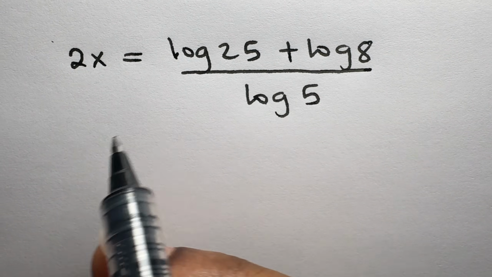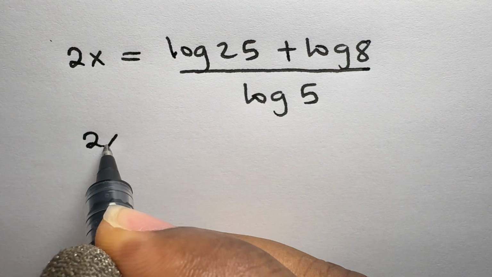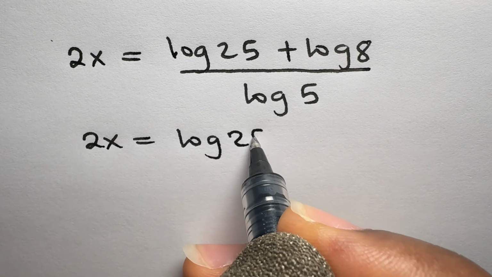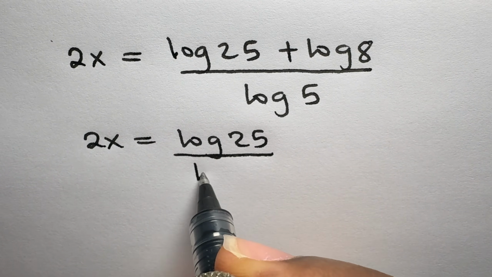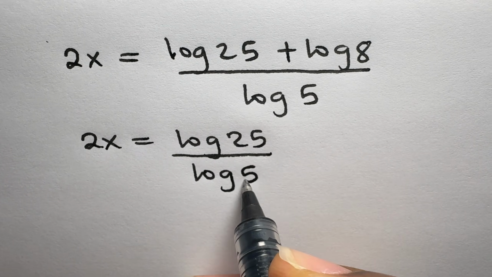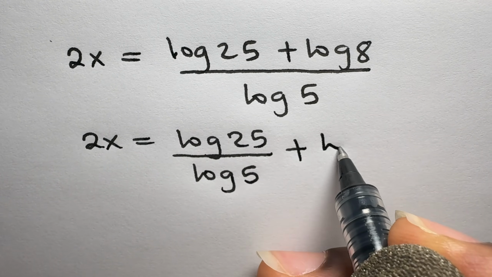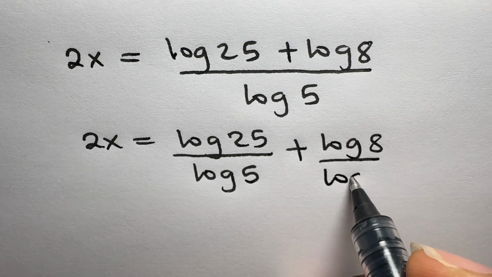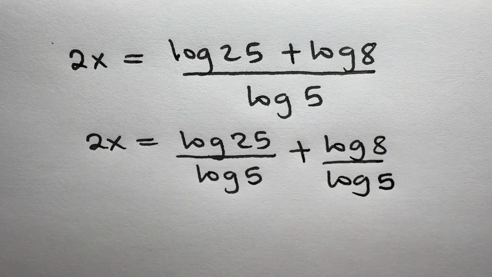I'm going to separate this division to give us 2x is equal to log 25 divided by log 5, then plus log 8 divided by log 5.